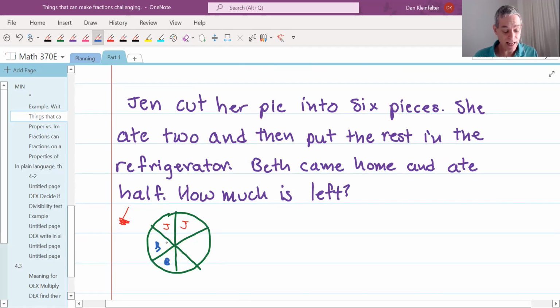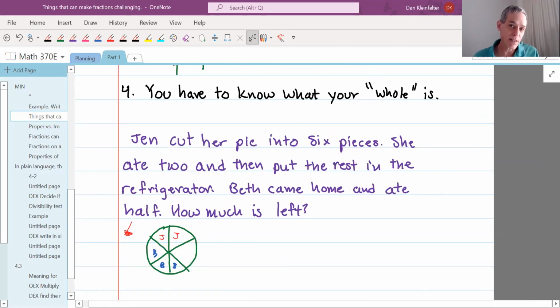But if Beth eats half, then that's 3 pieces. Okay, so again, we have to know what our whole is, so that we know what the half is. In this case, when we're referring to the half, is that half of the original pie, or is it half of what's left? Okay, so again, the point here is we need to know what the whole is. I could never put this question on a test as written because you have no way of answering that. Okay.